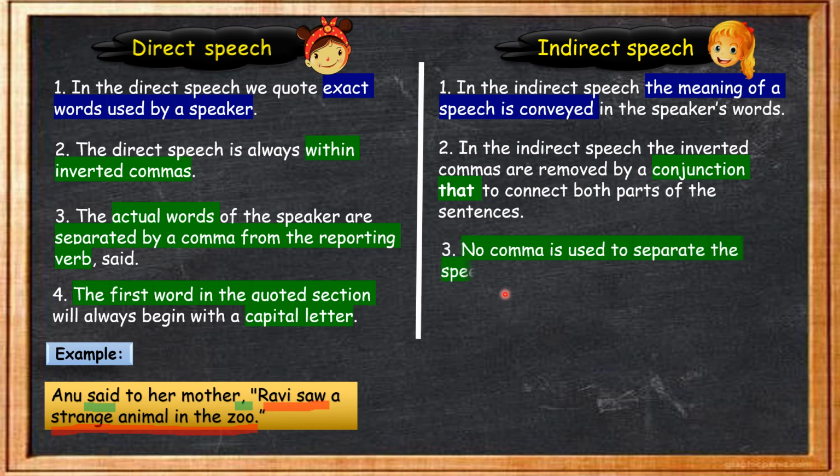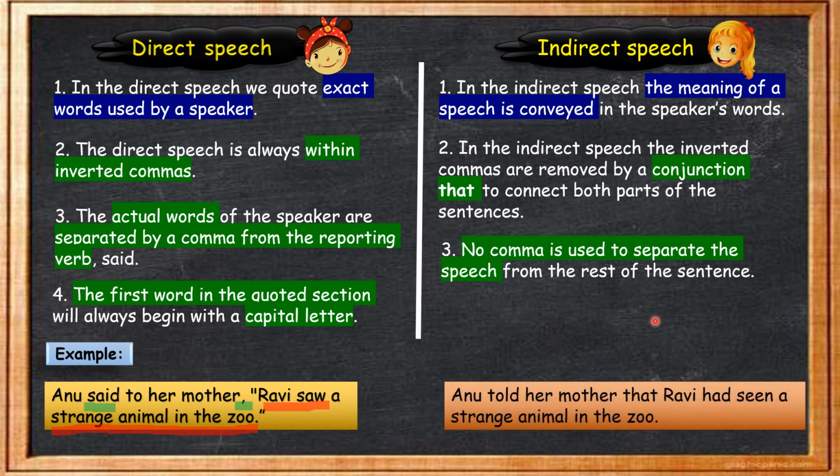Now, next point. No comma is used to separate the speech from the rest of the sentence. Here we will not use any comma to separate the reporting verb said. Now let's take the same example, children. Here it is in direct speech.